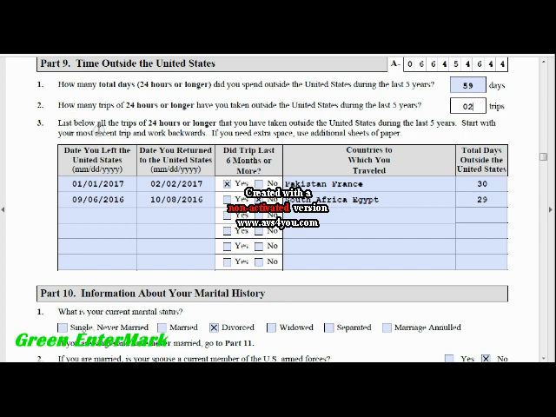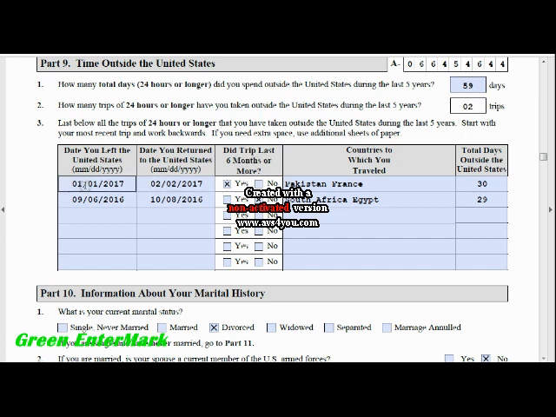Okay, list below all the trips of 24 hours or longer that you have taken outside the United States during the last 5 years. You have to mention the date you left the United States, then the date you returned to the United States. Did the trip last 6 months or more?